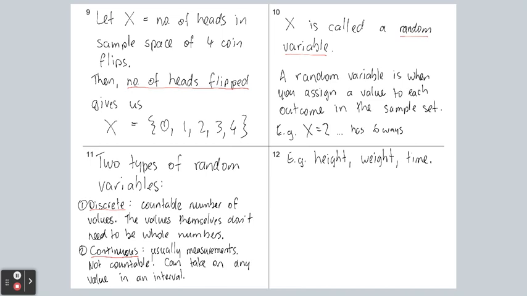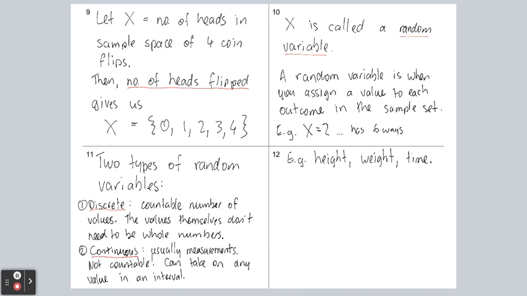All good with that? Okay, so we've got this idea of a sample space which we can just list out in its entirety. The second idea is then we can use a random variable to denote all the broadly different outcomes, but you have to focus it on something. So for our flipped coins, we focused on heads, and then we said, well, if we're focusing on heads, what are the broad outcomes of that?